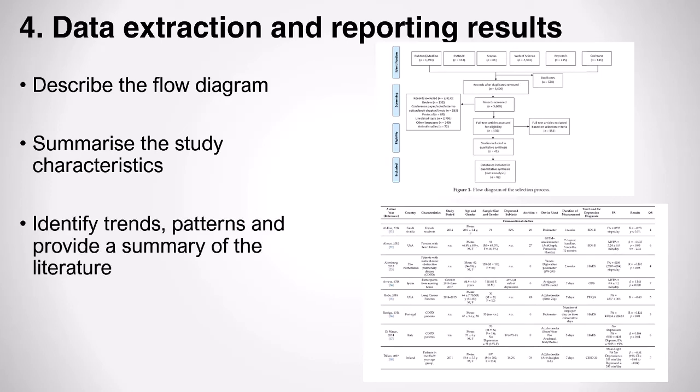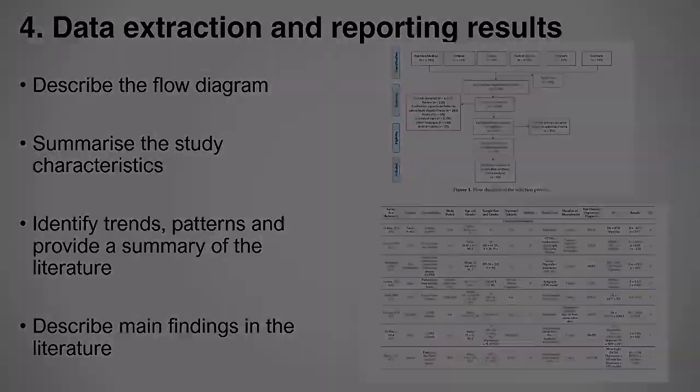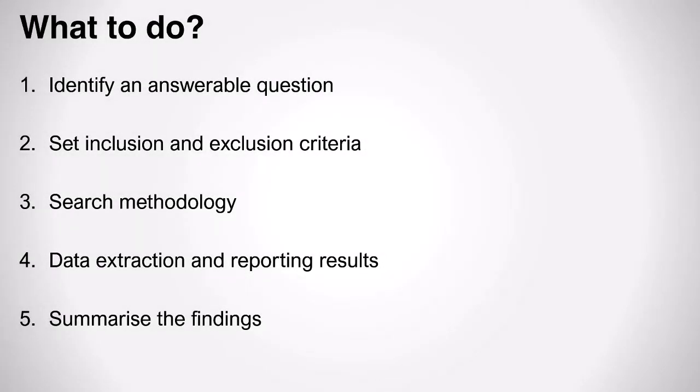You just comment on any trends, patterns, summarize what you've found, and then it's in the discussion where you compare and contrast and do what you are used to. So just about at the end.